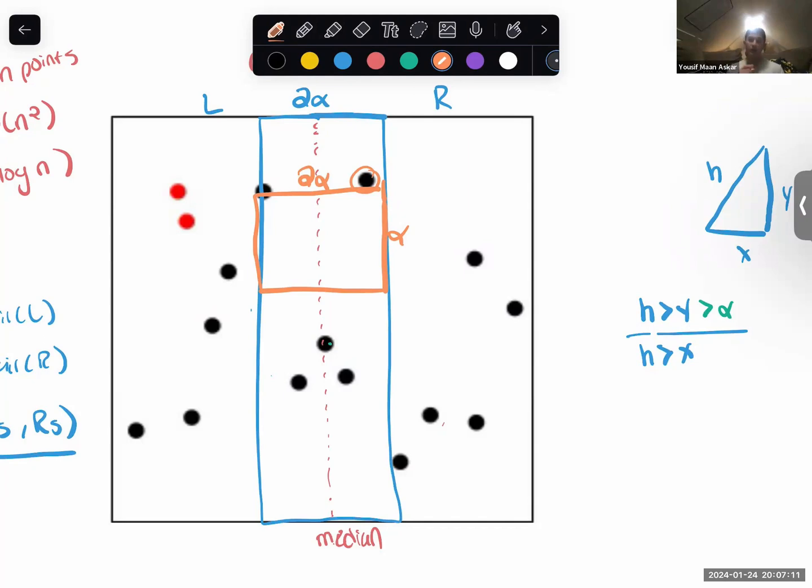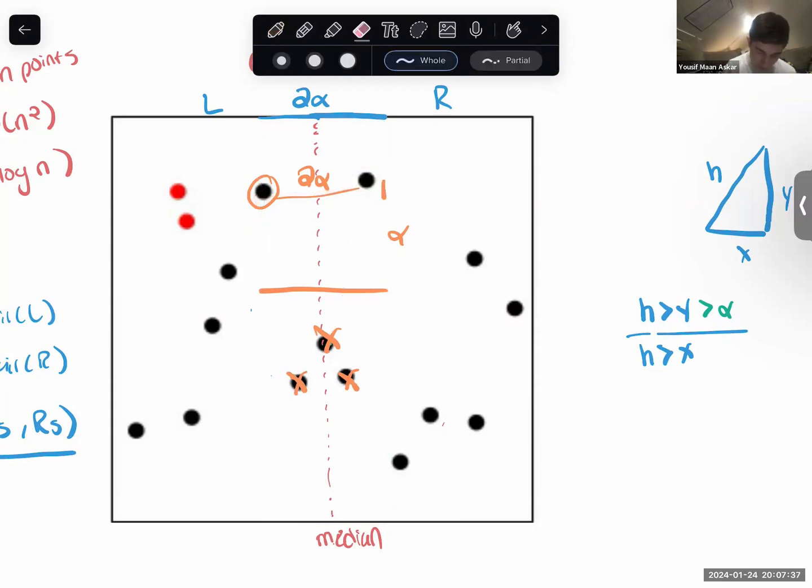And the only thing we do with regards to this point is we only compare and calculate the distances to any point that lies within this box. For this particular point, this is the only point that lies within that box, so we compare it to only that one. We don't compare it to this, we don't compare it to that. We only consider the points that are in that box and only that box.